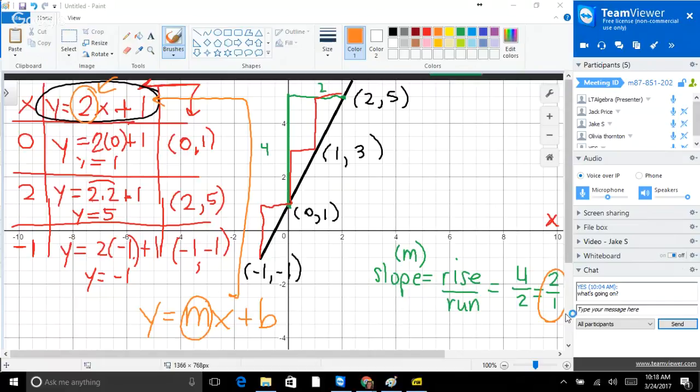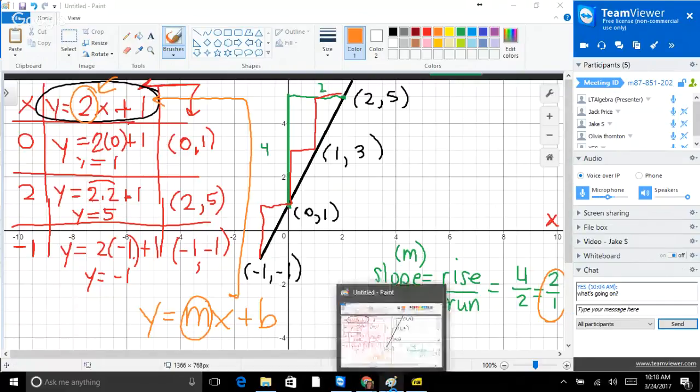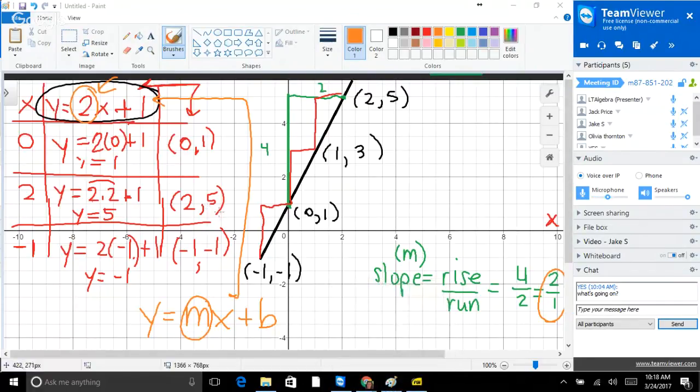Okay, so we actually can use several different ways to find the slope. And actually, Jake, there's a formula to find the slope too, which you can do without graphing it. You can actually use a formula. So I'll make sure that we update you on that. But then also, if you put your equation in this format, y equals mx plus b, whatever number is before x is the slope.